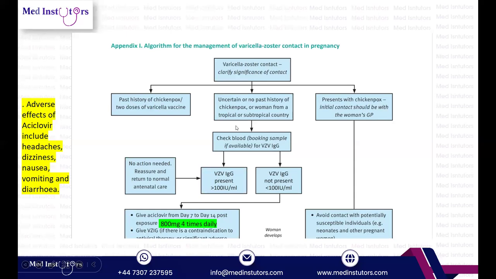But in cases where she is unsure, or she belongs to certain areas where it is uncommon, we have to check her immunity. If she is immune, greater than 100 is immune, just reassure and routine care. No need to give any PAP. But if there is no immunity, less than 100, then start your PAP. And PAP is given only when she hasn't developed any clinical manifestation so far. Okay, is that clear? All right. Okay, that's great.